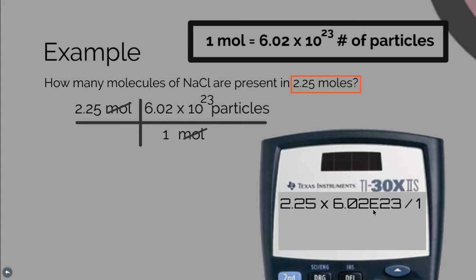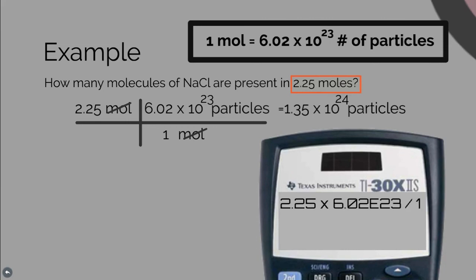That gets you the E symbol, and then you put in the exponent, which is 23. After that, these two top numbers are multiplied together, and they're divided by the bottom numbers. In this case, divided by 1. You put this into the calculator, and if you've done it correctly, this is the answer you should be getting out: 1.35 times 10 to the 24th power number of particles.